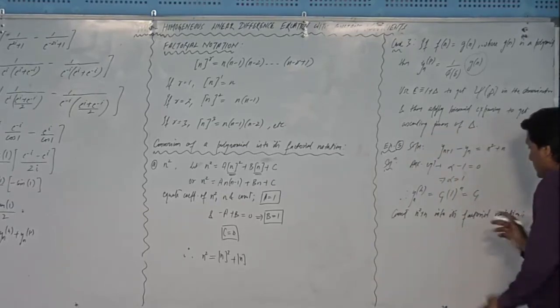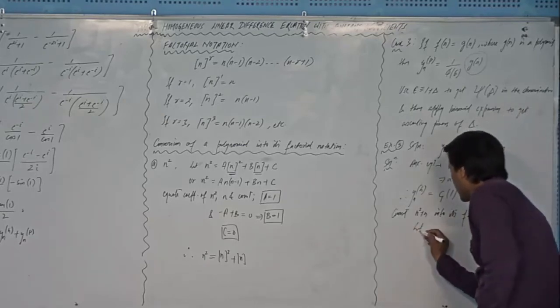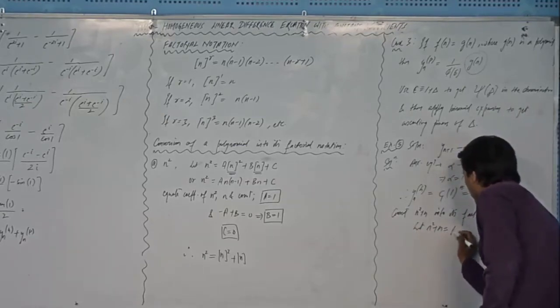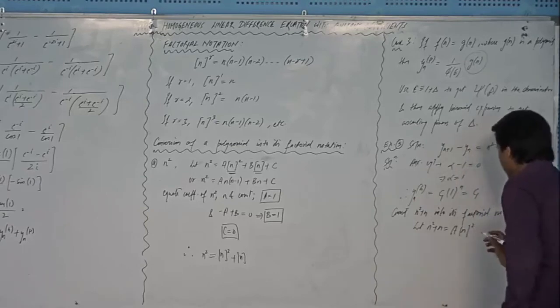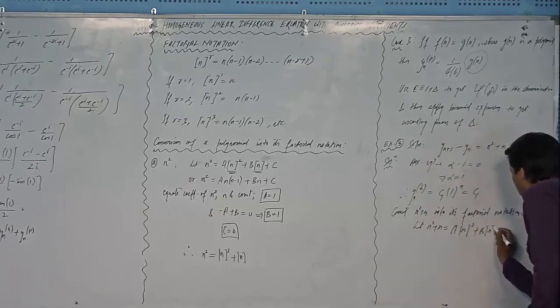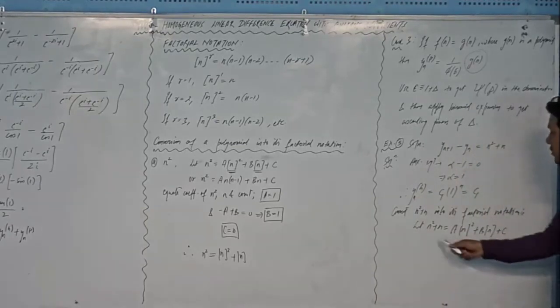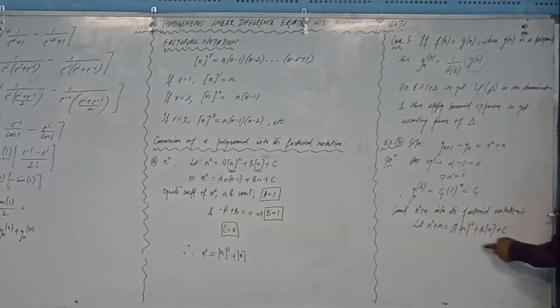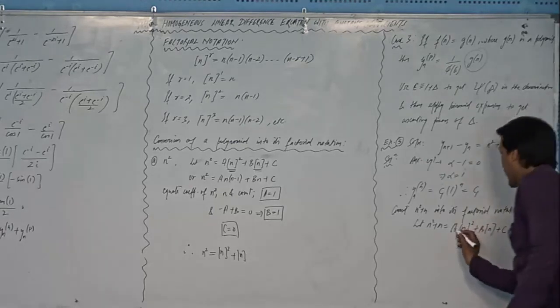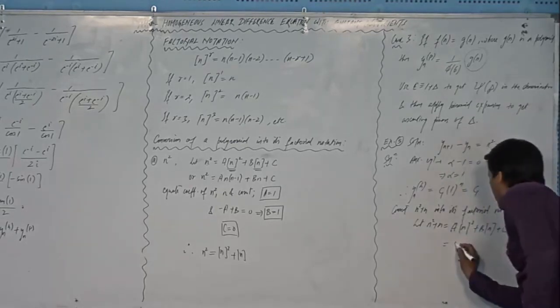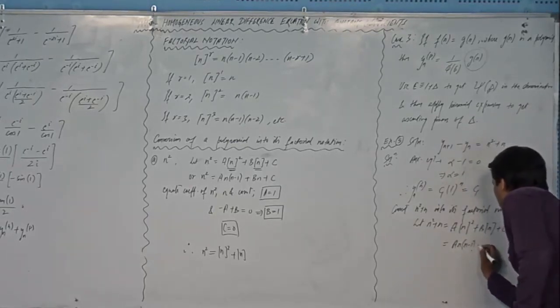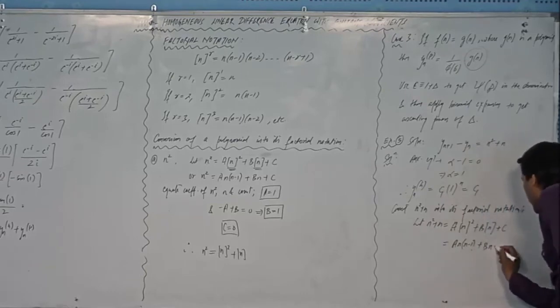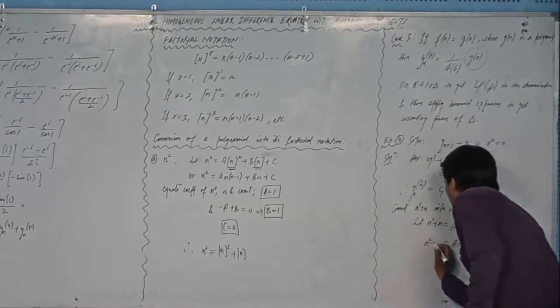Let n square plus n equal a times factorial n square plus b times factorial n plus c, because this is a quadratic, or 2-degree polynomial. I know that factorial n square is nothing but n into n minus 1, and factorial n is n.